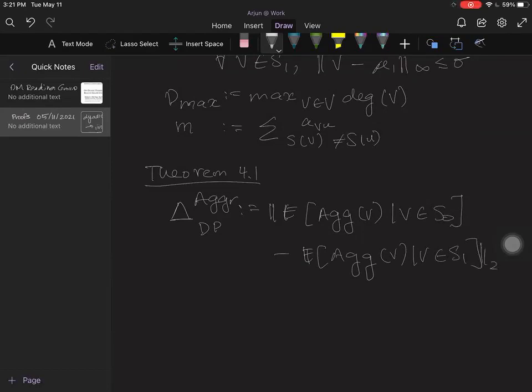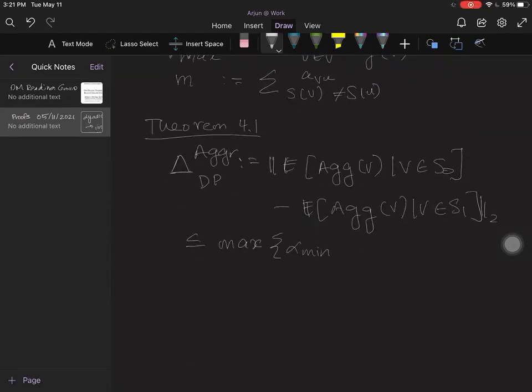This is going to be bounded by the max of, and I'll define a lot of these variables next. Alpha min, mu0 minus mu1, infinity norm, minus 2 sigma. So whichever one is larger, alpha min times the infinity norm minus 2 sigma, or 0.